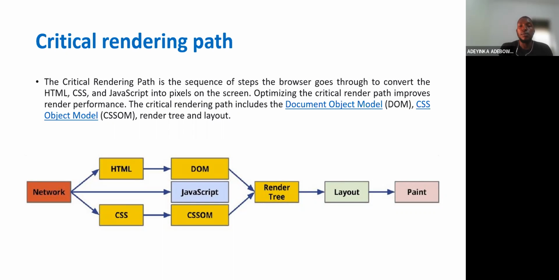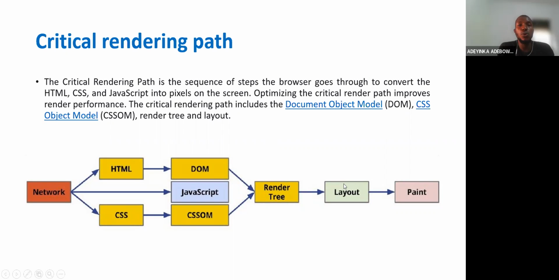Then your render tree gets formed, then the layout of your page too. After the layout is formed, the painting of the page starts. If you use the network tool, you can trace when the first paint of your content happens. So it's a very good concept.